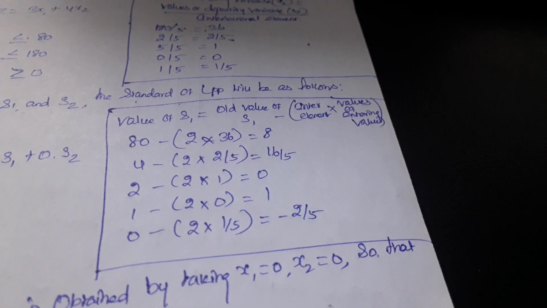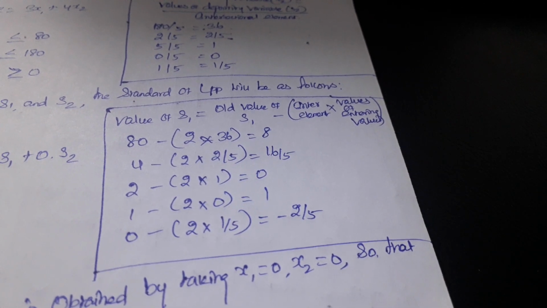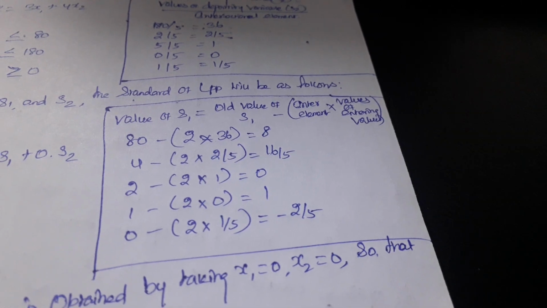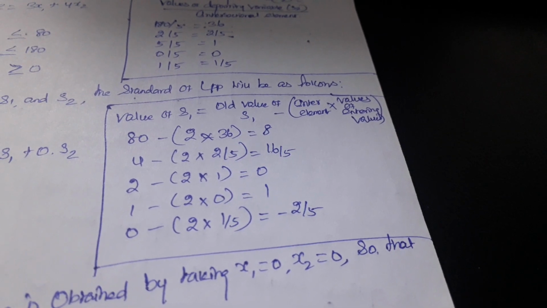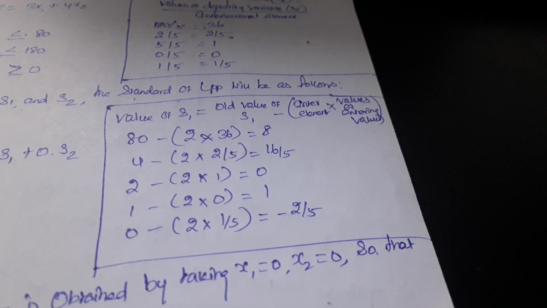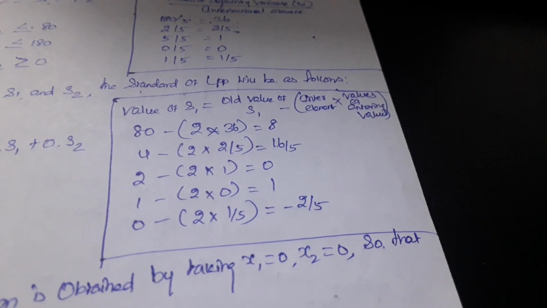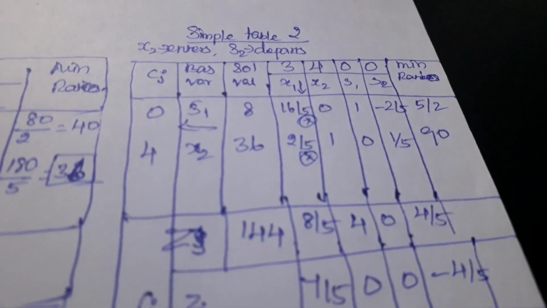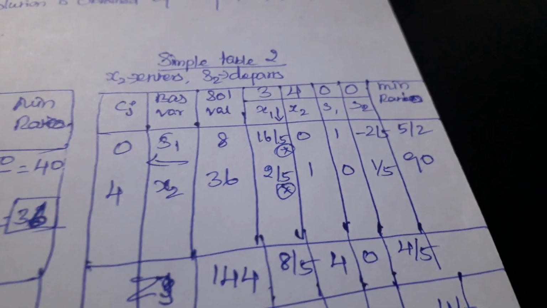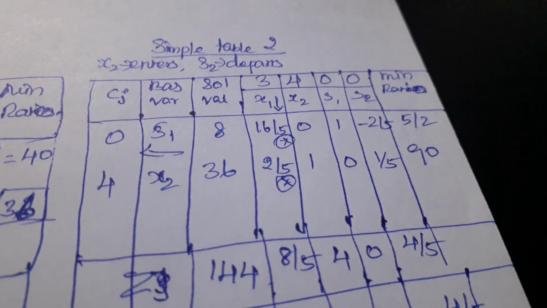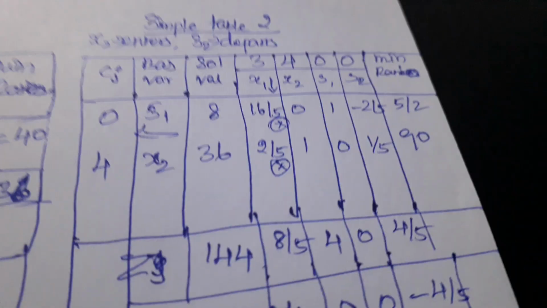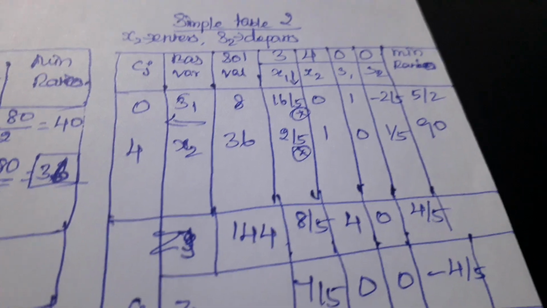After solving this equation, we get the values 8, 16 by 5, 0, 1 and minus 2 by 5. We write those values in the table as 8, 16 by 5, 0, 1, minus 2 by 5.